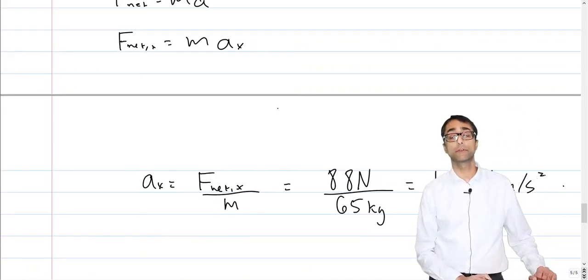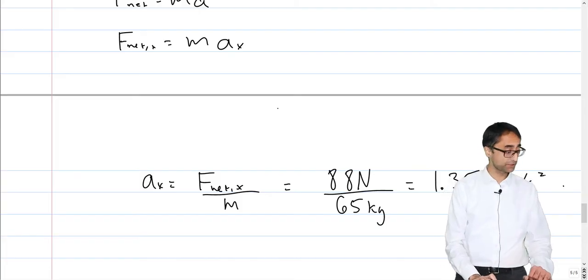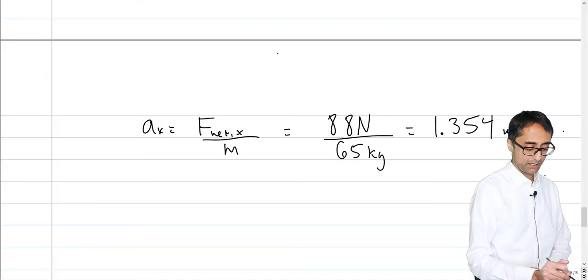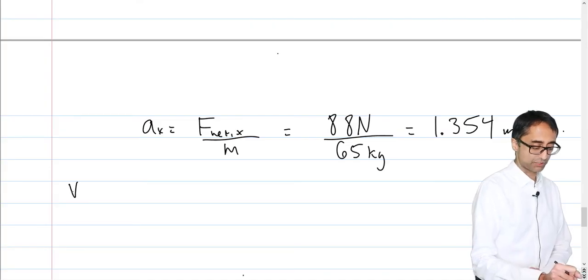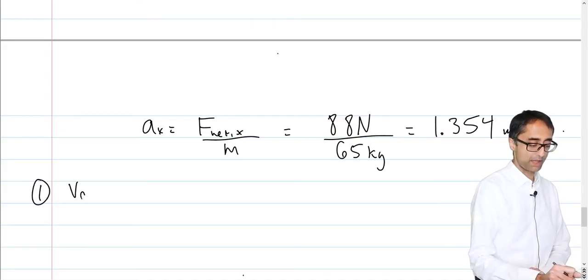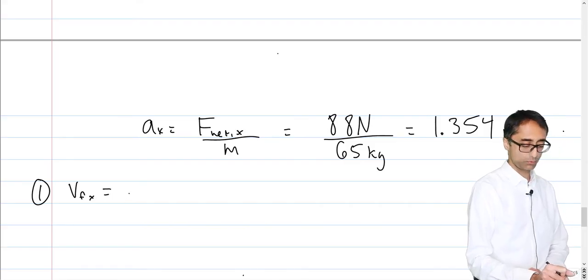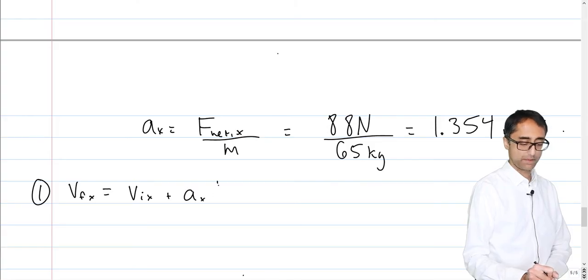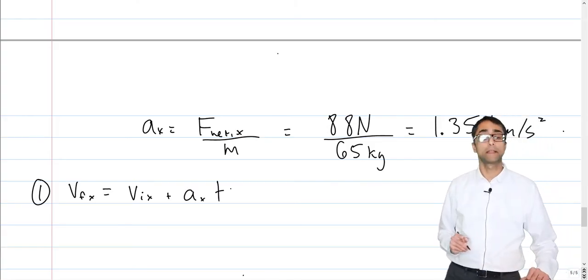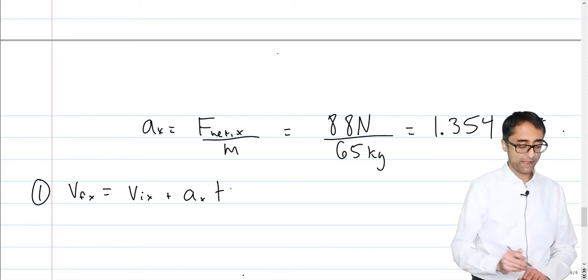That's the acceleration of your friend. Now your friend is accelerating from rest for 2 seconds. And so to calculate the final velocity, I'm going to use equation 1 of my 3 original kinematic equations. V final x is equal to v initial x plus a times t, just like that. And so let's throw in the values that we have.